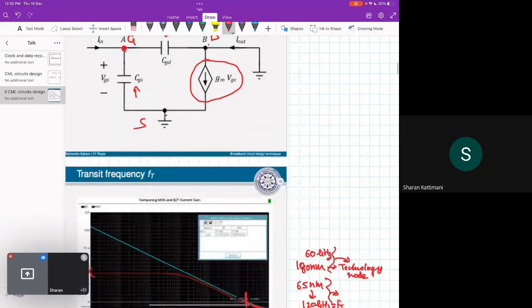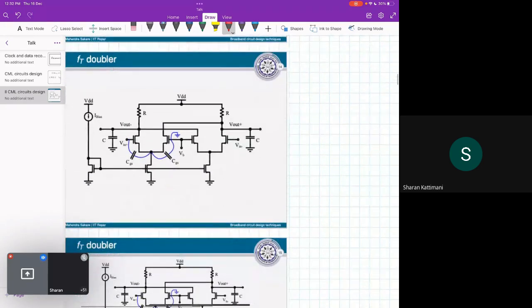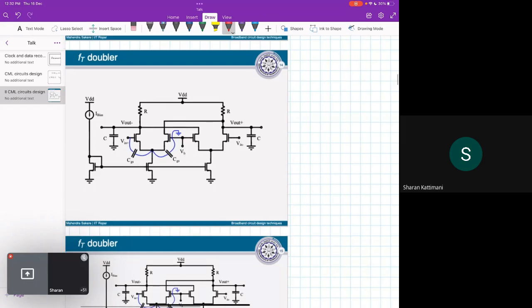If GM is constant, can we improve the FT by reducing the CGS? One way is that you take two CML logic stages.